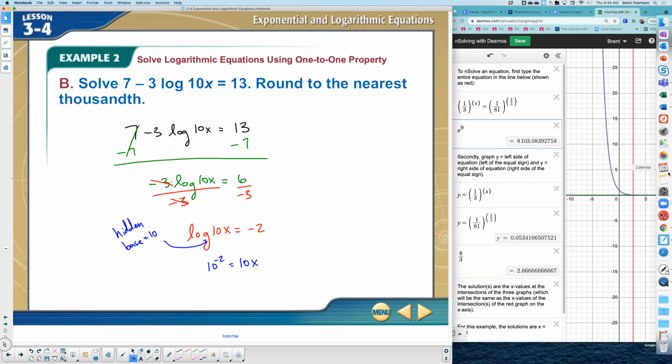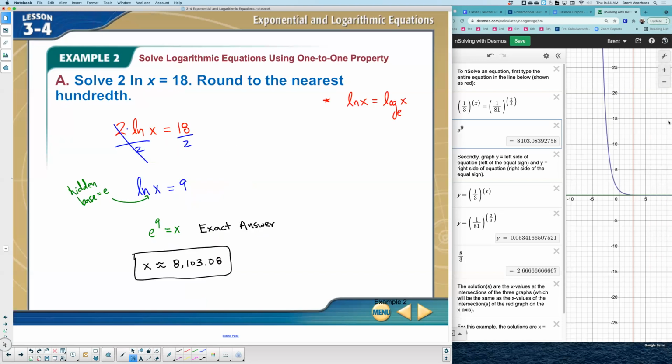Let me remind you, I should have put it on this problem as a reminder. So I'm going to go back to the previous slide and put it on there. Reminder of how these work together. A base raised to some power equals a number. That's the exponential form.